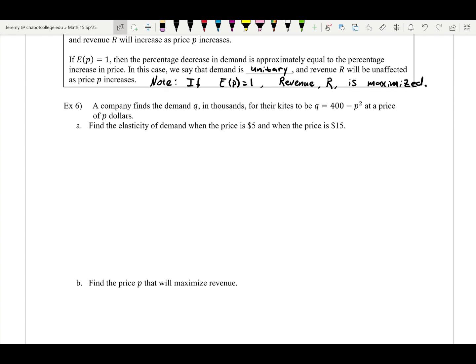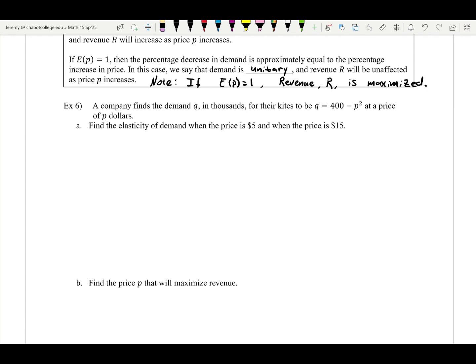So a company finds the demand Q in thousands for their kites to be Q, and it's equal to this quadratic function 400 minus P squared at a price of P dollars. Okay, so the independent variable is the price. That's the thing that can fluctuate. And Q, demand, is going to be the dependent variable.